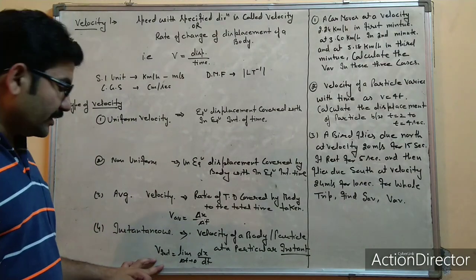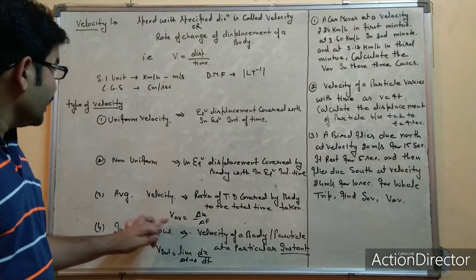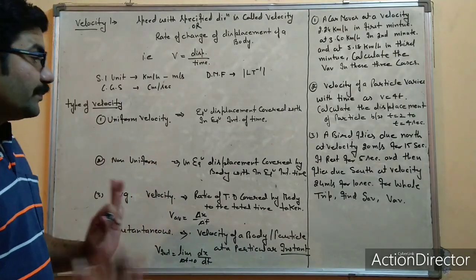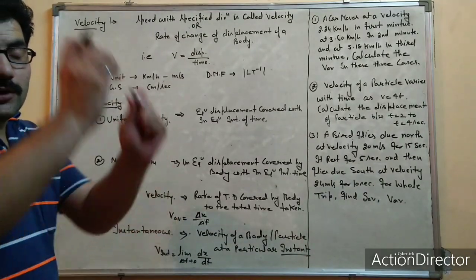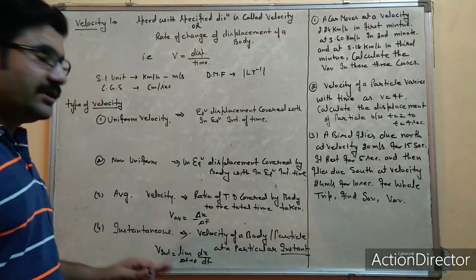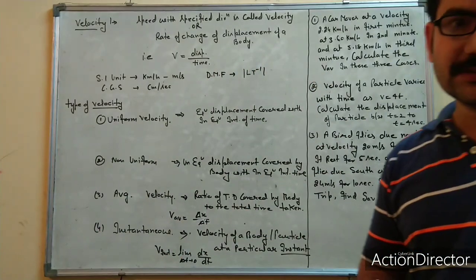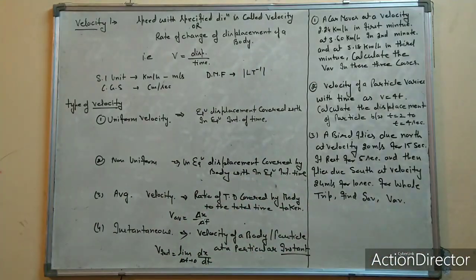This is the formula for instantaneous velocity, and this is the formula for average velocity. For uniform and non-uniform, there is no formula. In 99% of cases, numericals are asked on average speed and average velocity if you see numericals from different books.